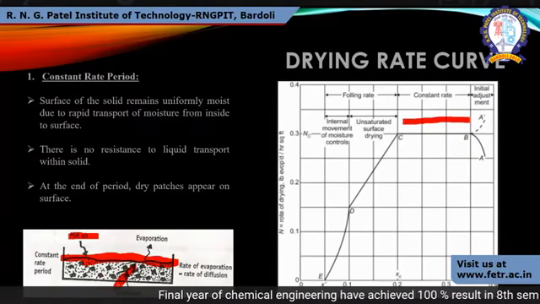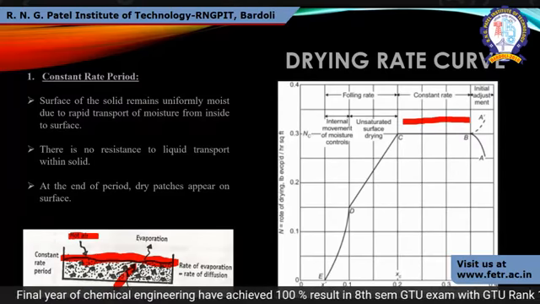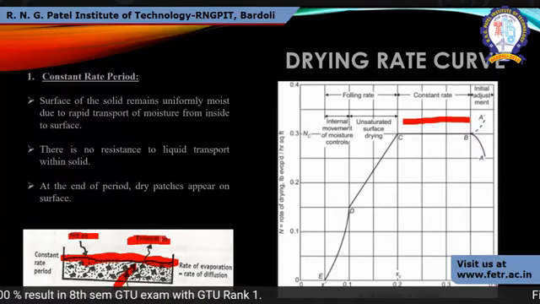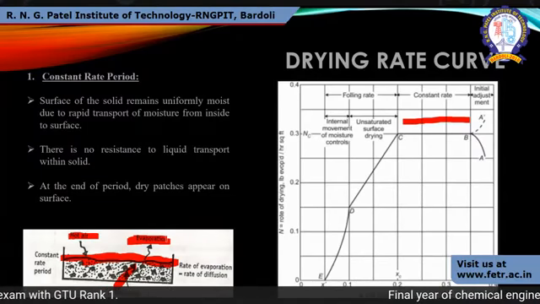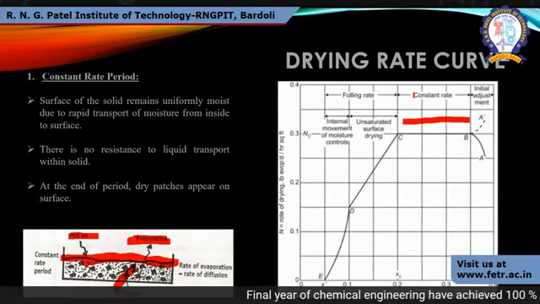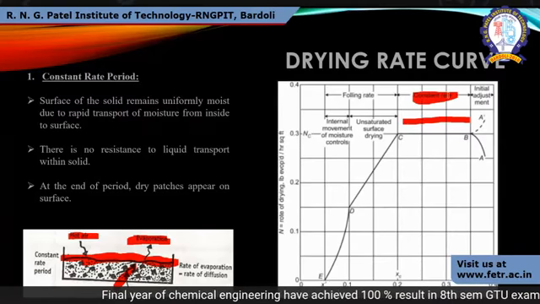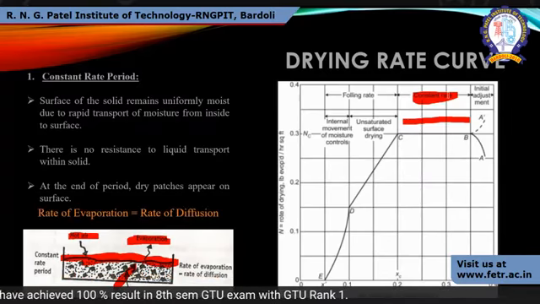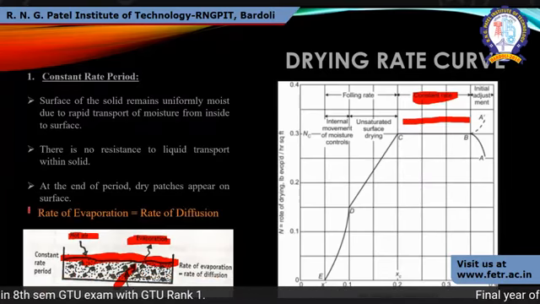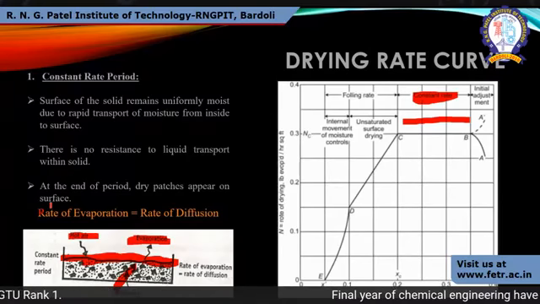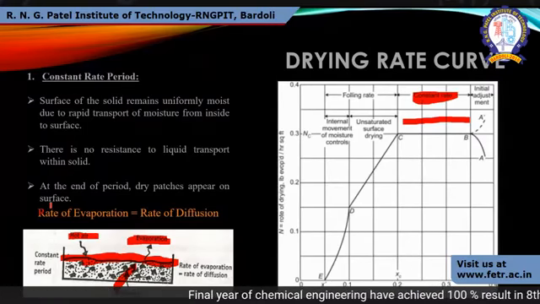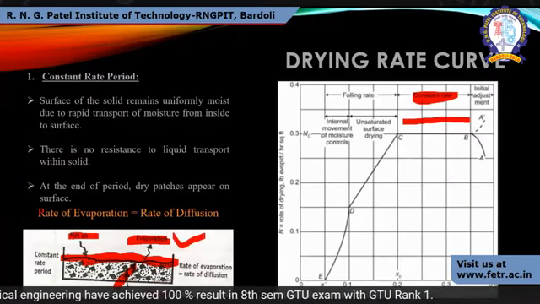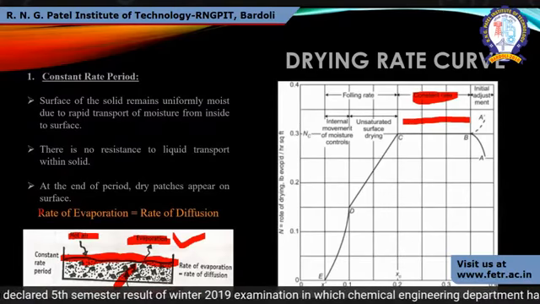It's inside that chamber, and then there will be evaporation. So there is constant evaporation and the rate of drying remains constant. There will be no change, right? In the constant rate period, the rate of evaporation is equal to the rate of diffusion. So these two remain constant.